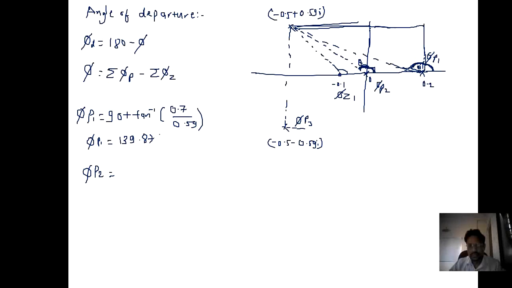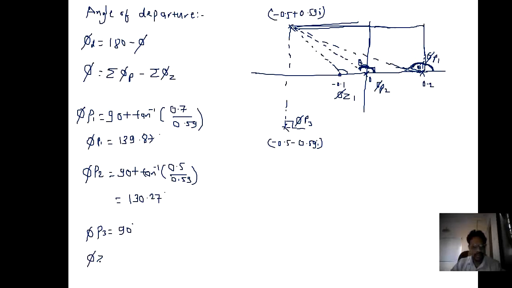For this triangle, opposite is only 0.5, so phi p2 combined is 90 plus tan inverse of 0.5 divided by adjacent 0.59. So phi p2 is 130.27 degrees. Then phi p3, and it is 90 degrees.